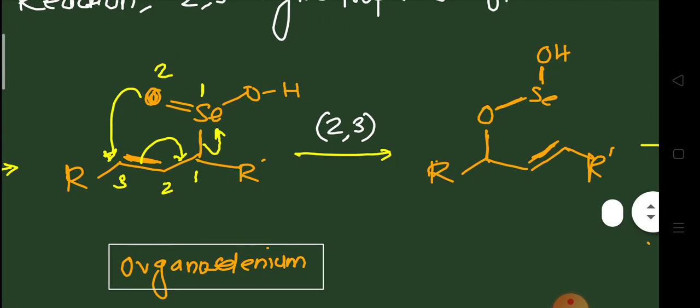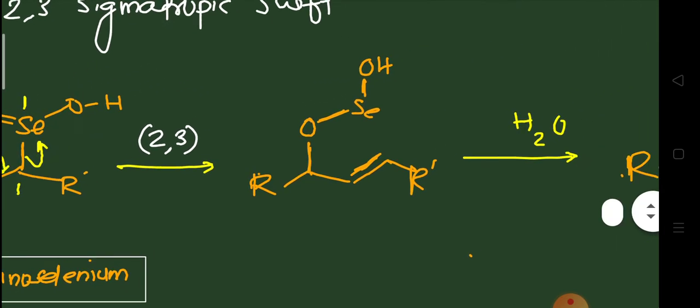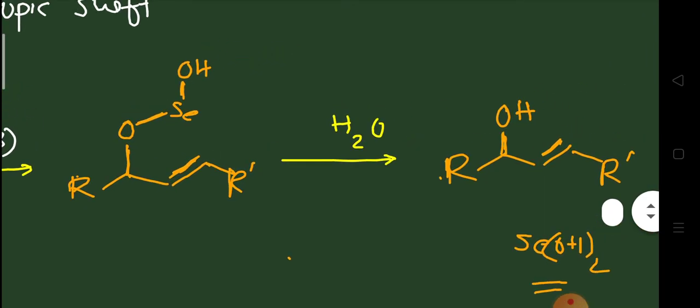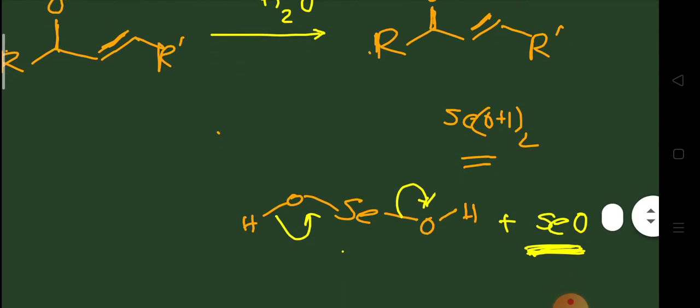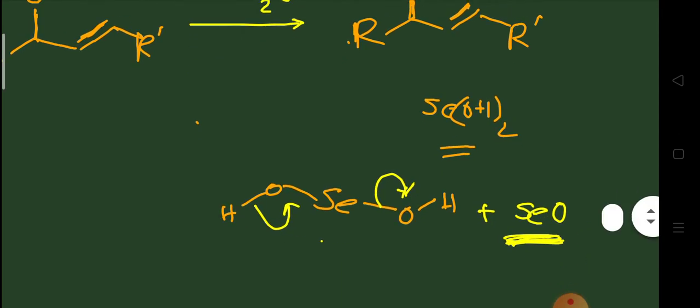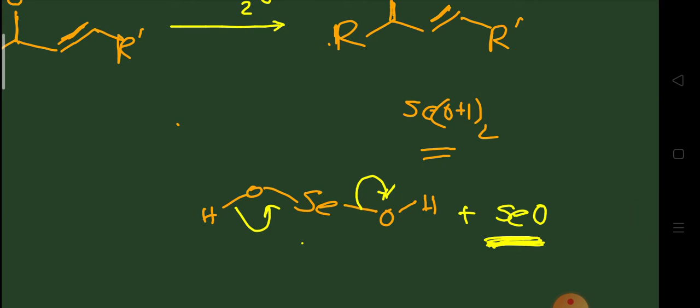So here you get this, and finally decomposition of this compound, that is the removal of water, gives this compound, called the allylic alcohol, and your byproduct is selenium hydroxide. Finally, removal of water again converts it to SeO. So a precipitate of SeO will be obtained, and that SeO is in +2.